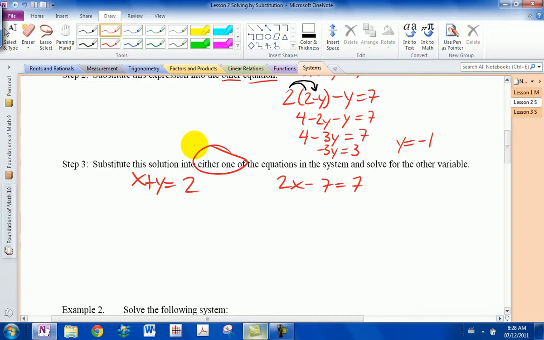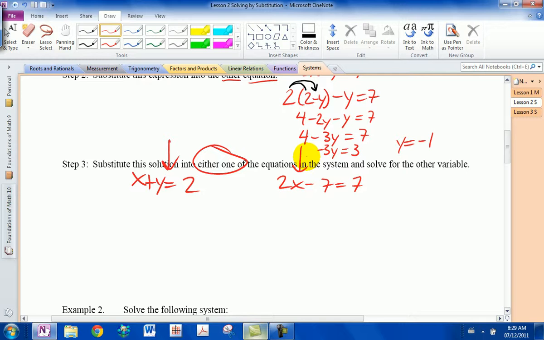Okay, I want this half of the room over here, from Tony's row over, these first two rows, I want you to do this one. Everyone on the other side of the room, the far side, so Keely and Caroline's rows over, I want you to use this one. Substitute and solve. Go.